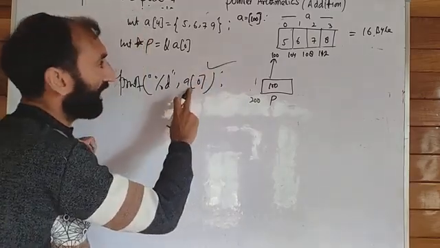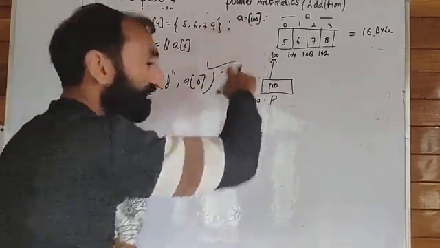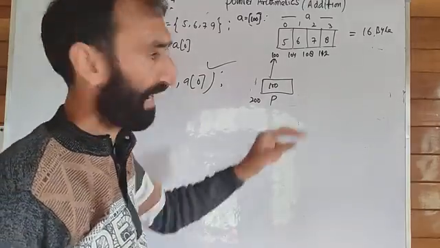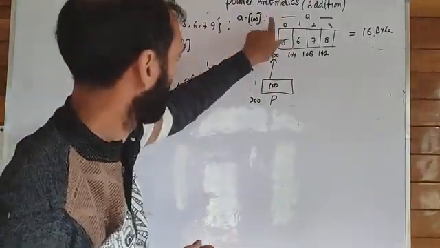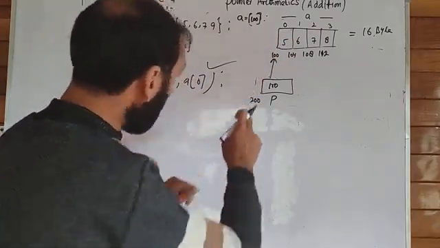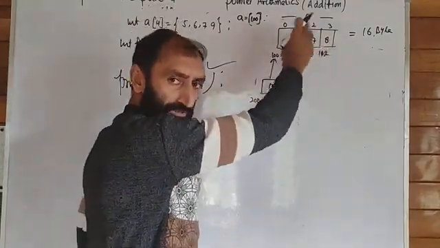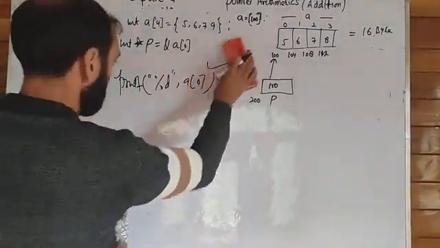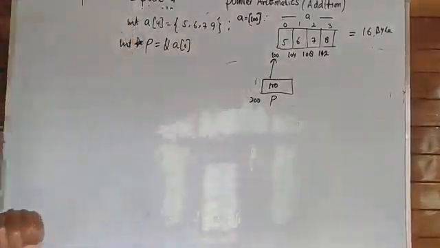But we cannot perform arithmetic through A. We can perform arithmetic operations by using a pointer.